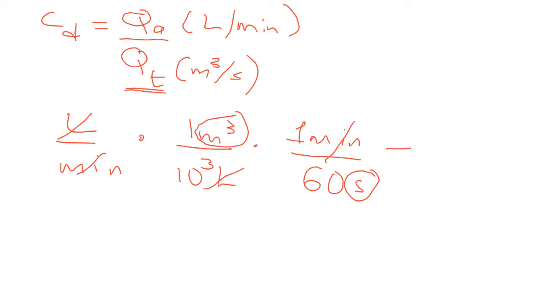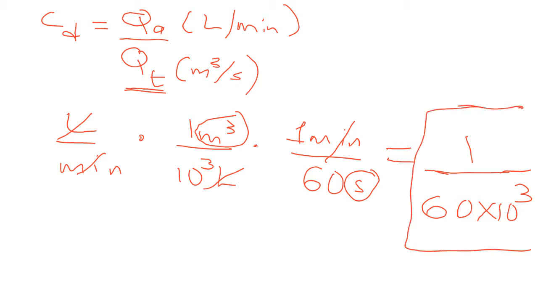And what is the conversion factor? You have 1 divided by 60 times 1000. So this is the conversion factor to convert so that this will now become meter cube per second.